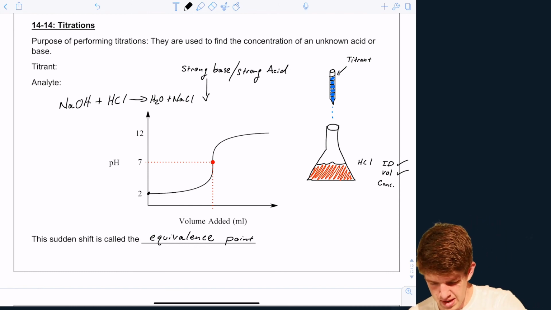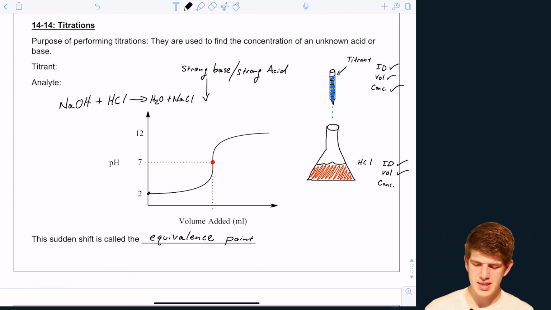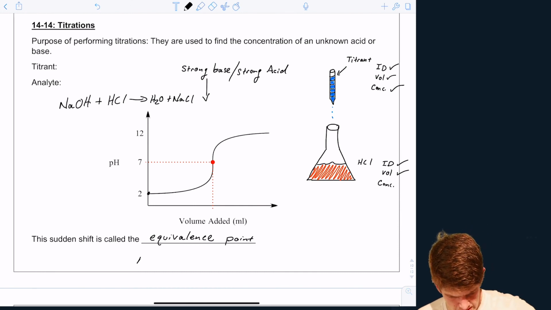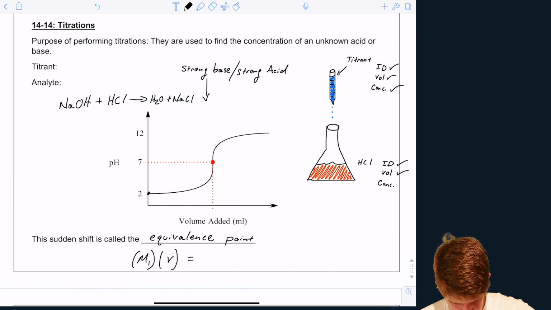So if I know the identity, the volume, and the concentration, I can use this as just a neutralization problem, where the concentration of the first times the volume of the first is equal to the concentration of the second times the volume of the second.